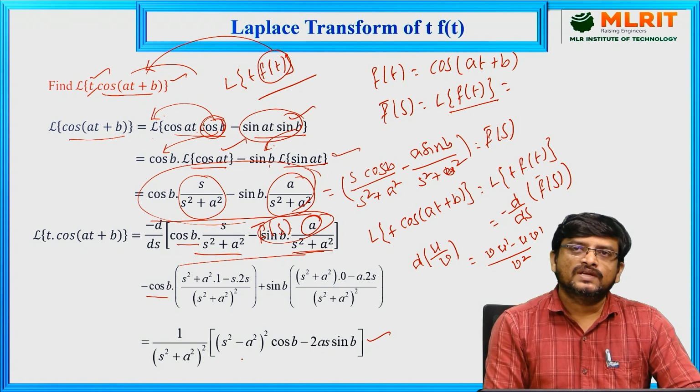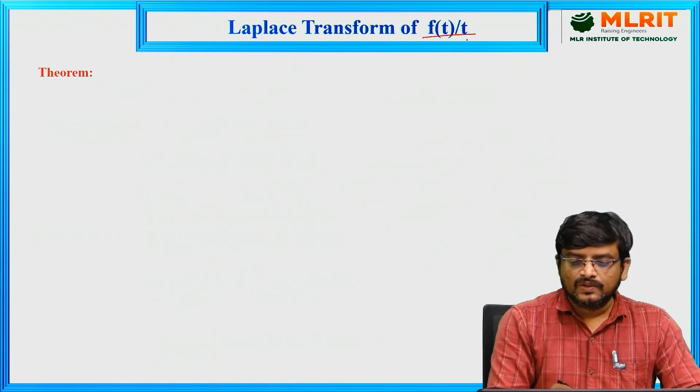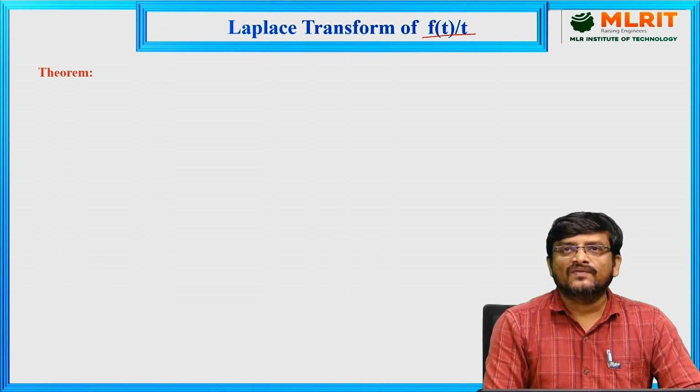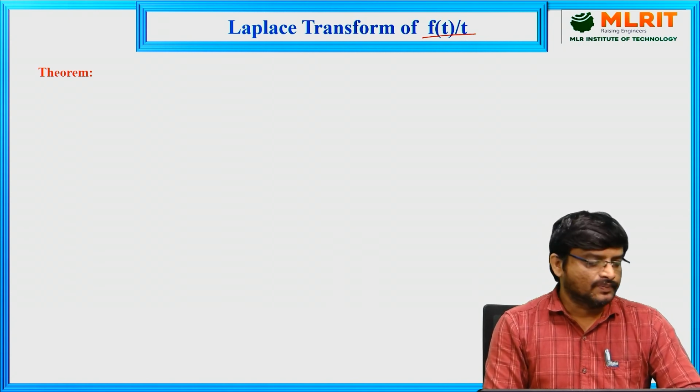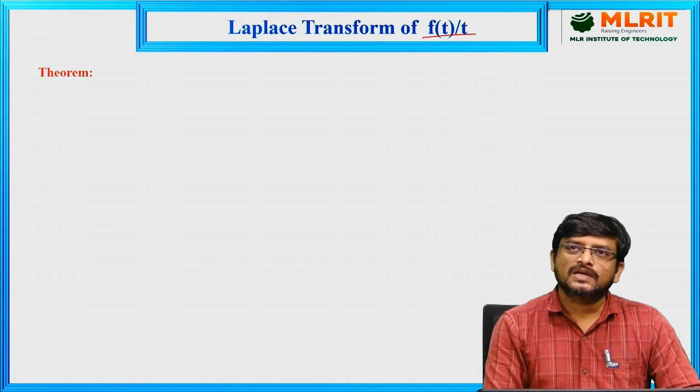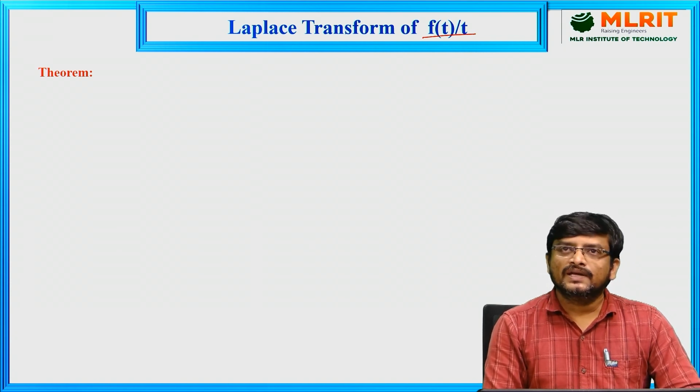Now we will go for the next concept, that is how to find the Laplace transform if the function is in the form of f of t by t, that is, t is in the denominator. Previously we saw t multiplied with f of t, and here t is in the denominator of f of t.